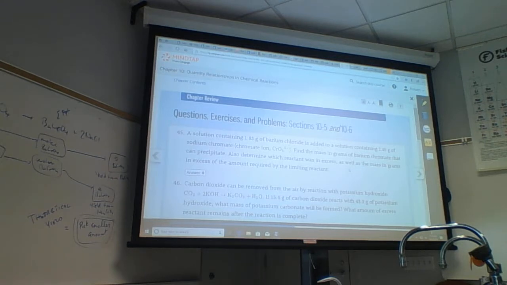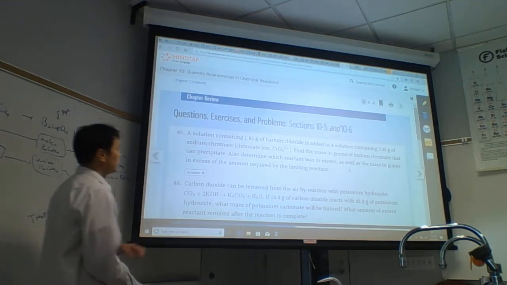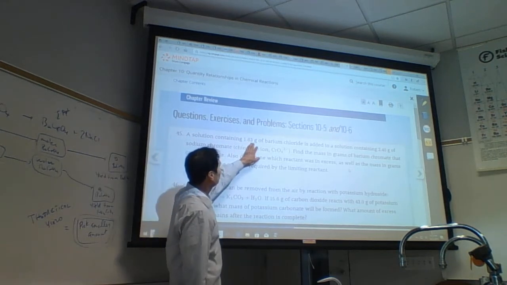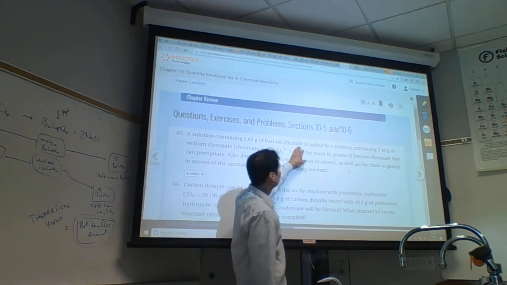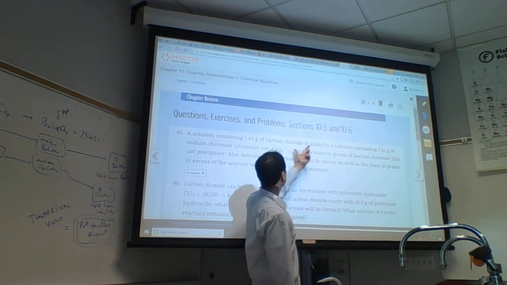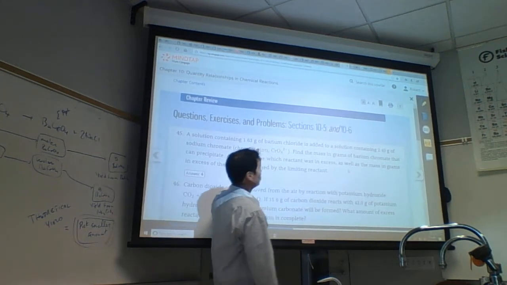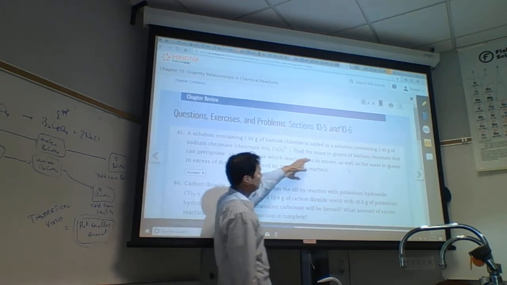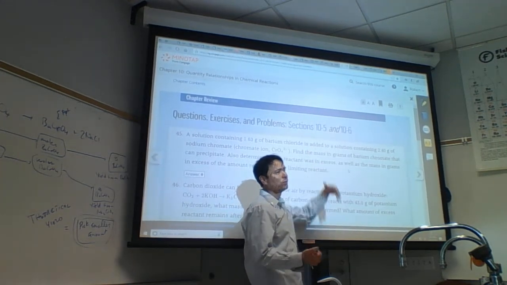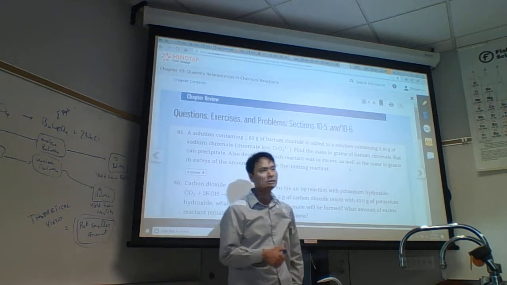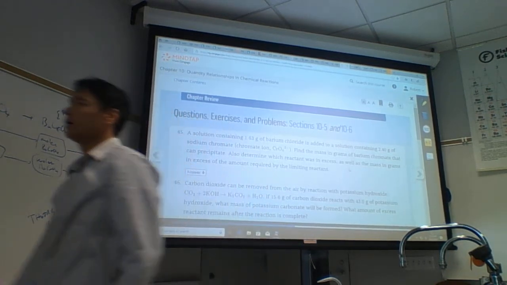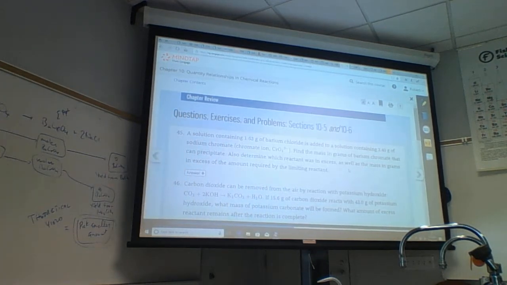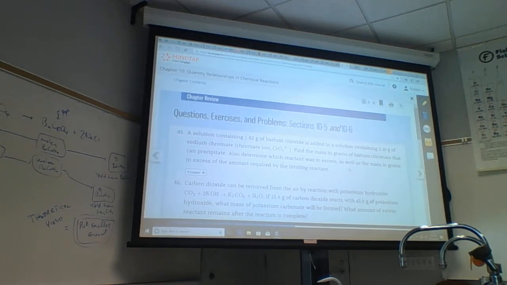If we only had a single amount, that would be an example of a non-limiting reagent problem. A solution containing 1.63 grams of barium chloride is reacted with a solution containing sodium chromate. They only gave you the amount of barium chloride, they didn't give you the amount of sodium chromate, and so we can assume we have plenty of sodium chromate to react, and we aren't going to worry about it. But we're given multiple amounts here, so we're going to calculate the yield from each of those amounts.